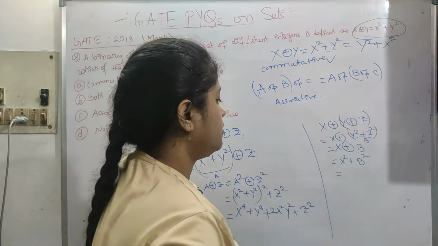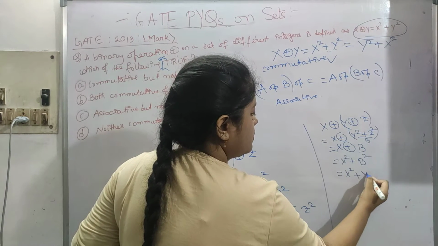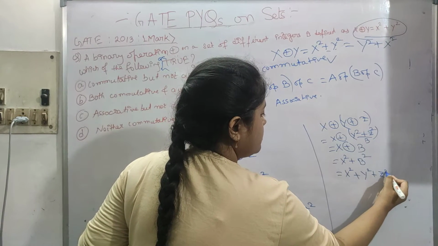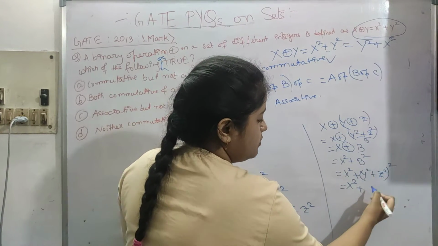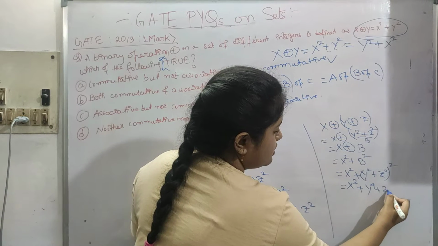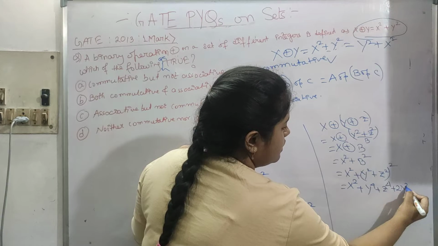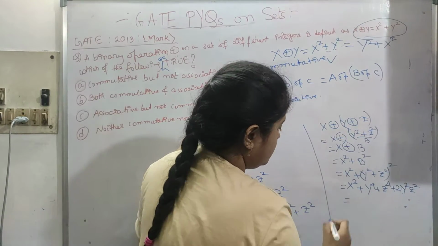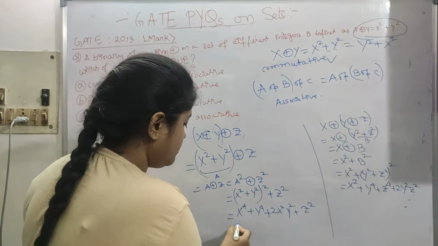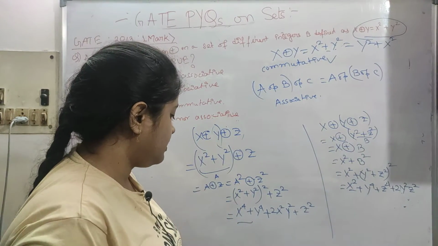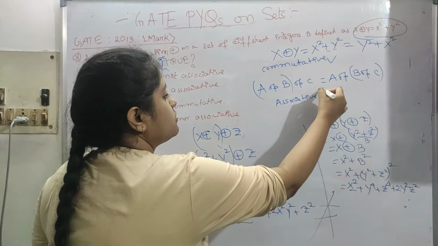In place of b you write (y square plus z square) whole square, which is x square plus y to the power 4 plus z to the power 4 plus 2 y square z square. Let me check now. The first thing is not coming: this is x square and the other is x to the power 4, so not equal. So this is not associative.